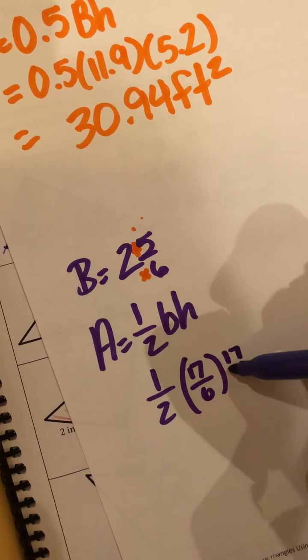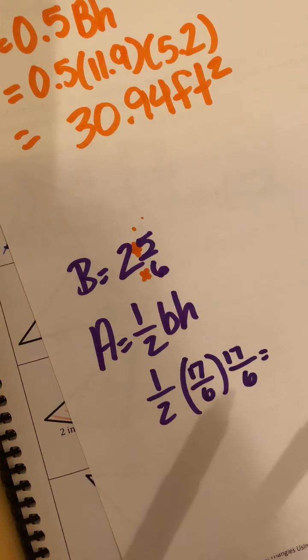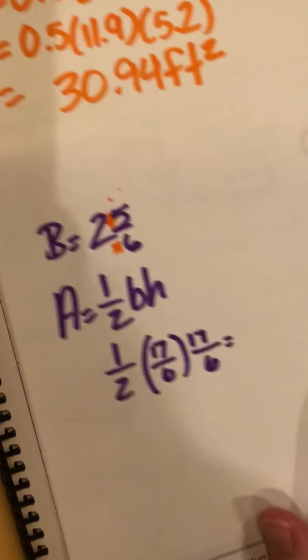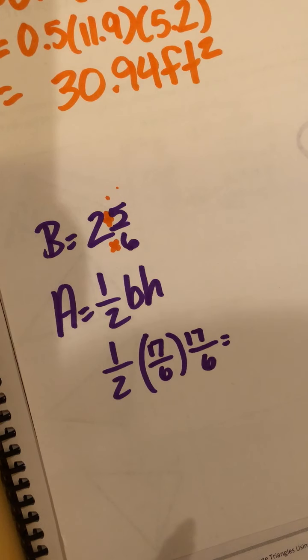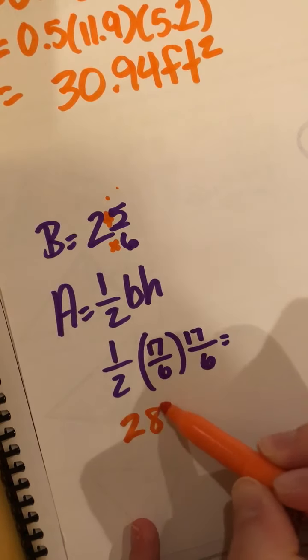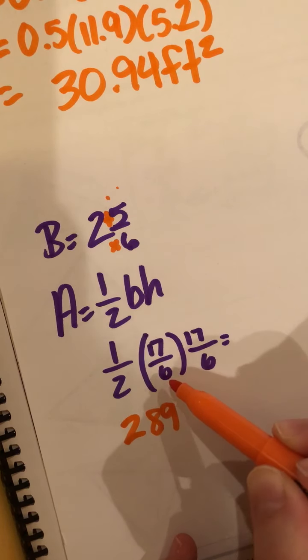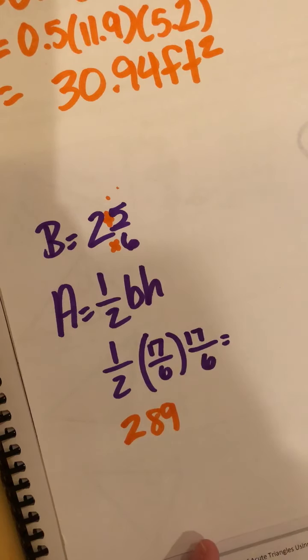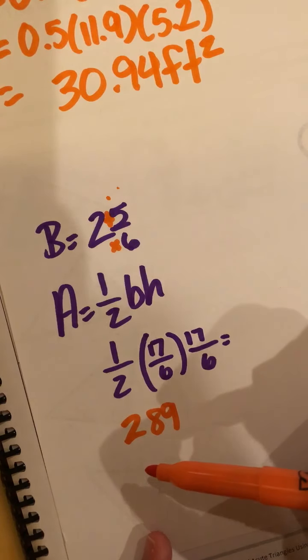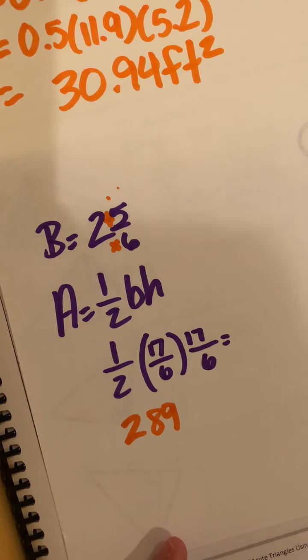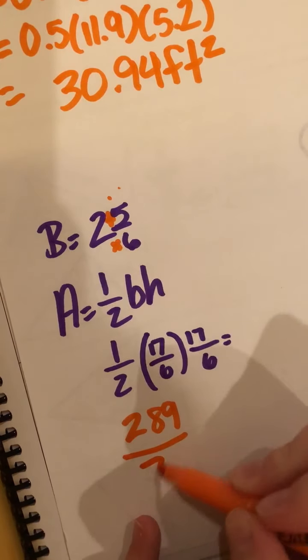So 17/6 again. Now I'm going to multiply these across. So 17 times 17 is 289, and 2 times 6 is 12, times 6 is 72.